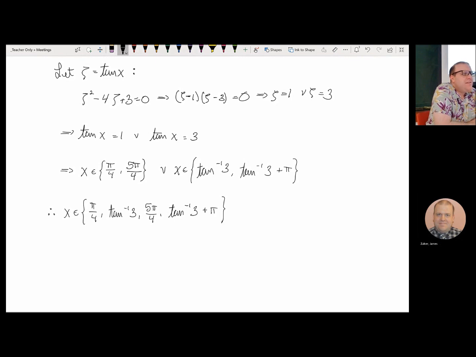So that's our solution set. Right? So answer should always be an exact form, unless it's specified otherwise.